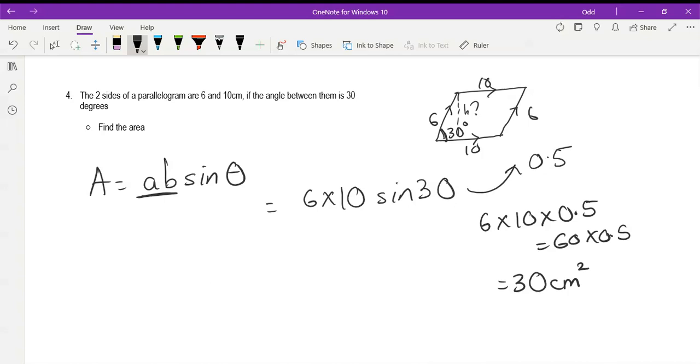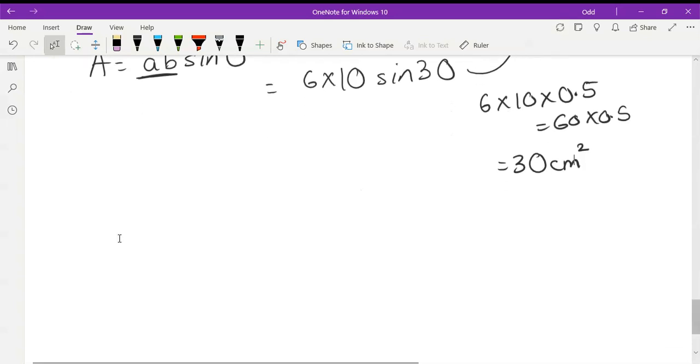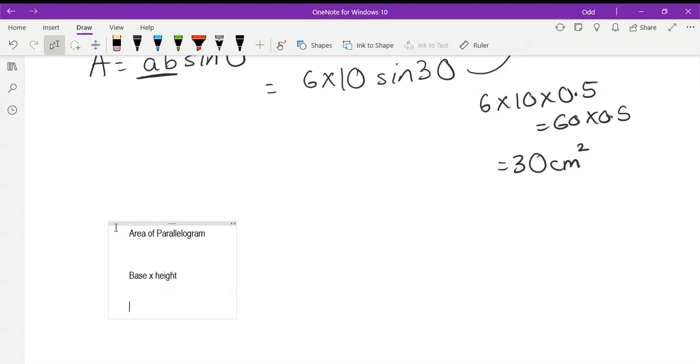Generally, we can have three kinds of area formulas for a parallelogram. We can use base times height. We also use half times D1 times D2, for when you have diagonals.